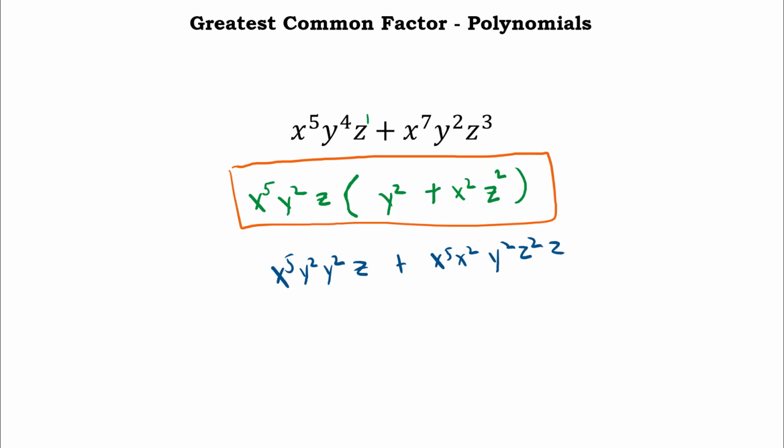Oh, it looks like a bunch of 2's. Let me rewrite that, make that a little more legible. Again, we'd have z the first times z squared.